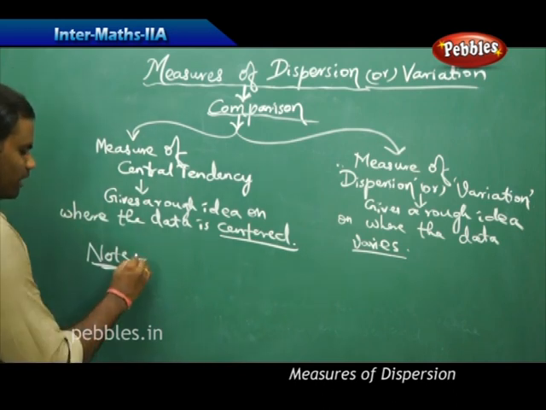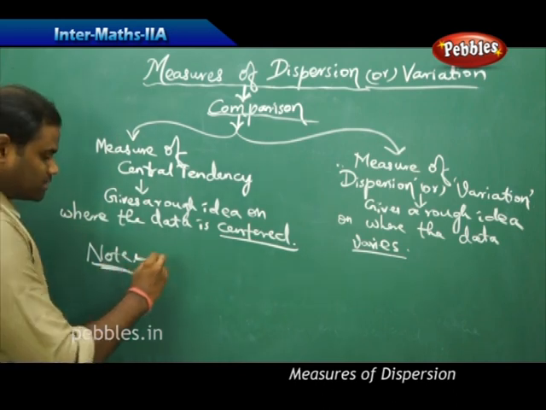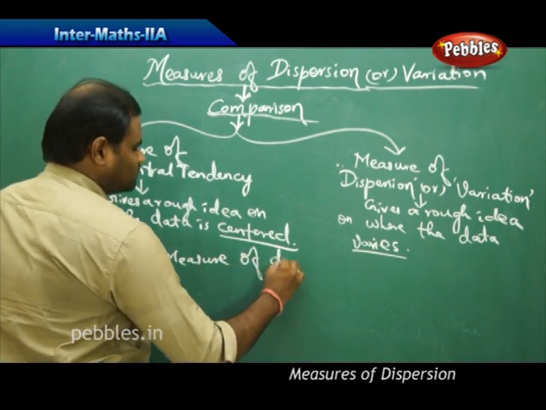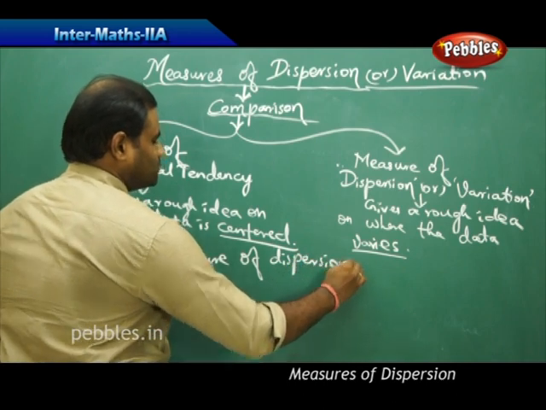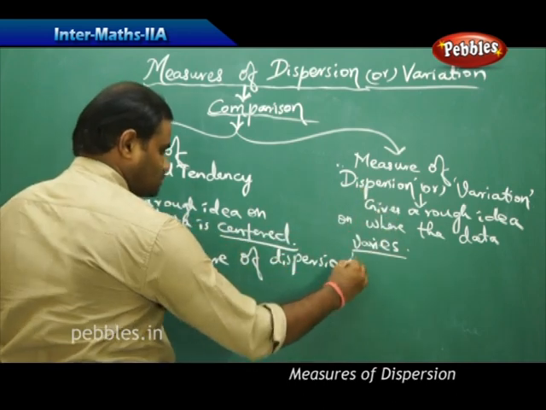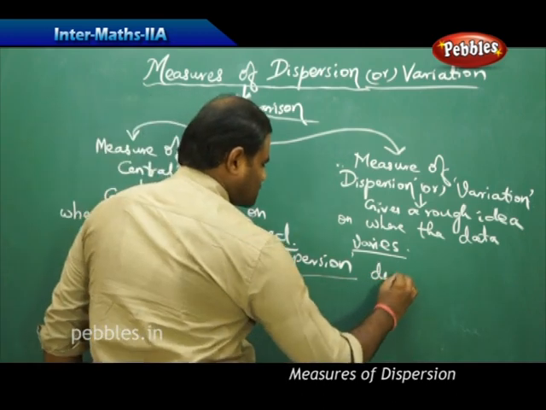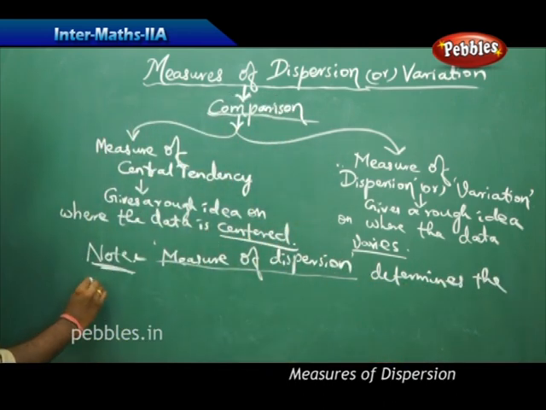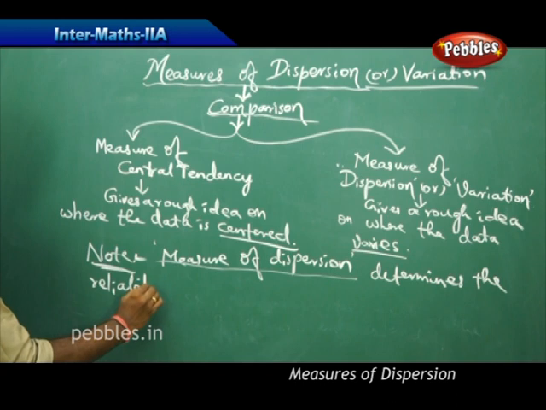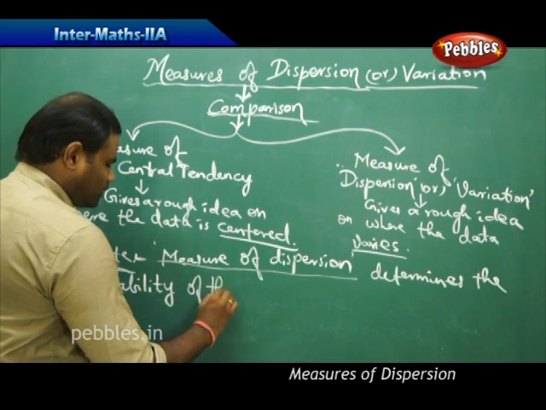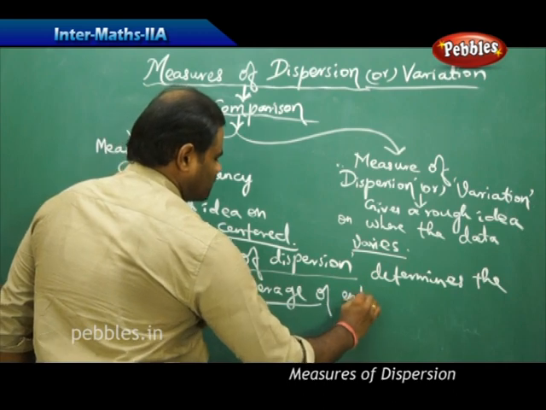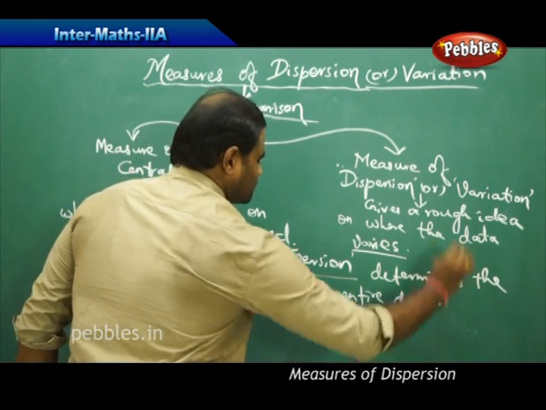Now the note comes where it is very important note which says that measure of dispersion, which we have taken in the later case, determines the reliability of the average of entire data.